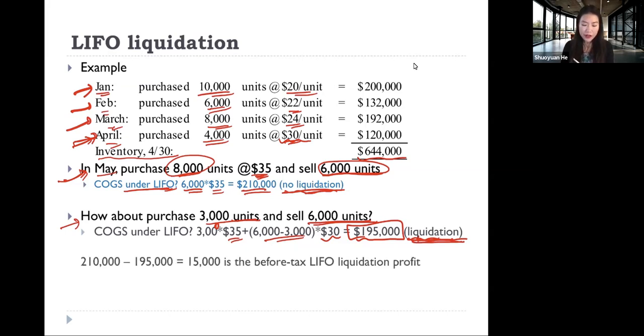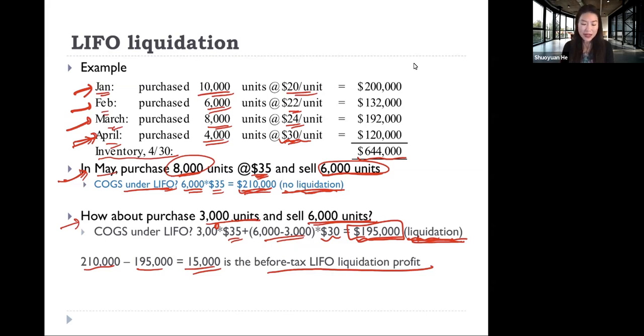So the difference between this $210,000 and this $195,000, this $15,000, is the before tax LIFO liquidation profit. So what is the meaning here?